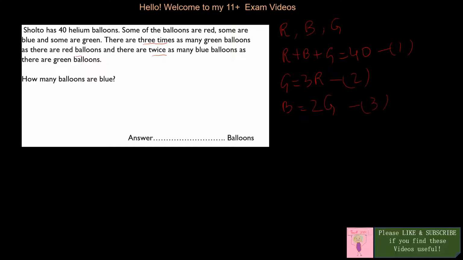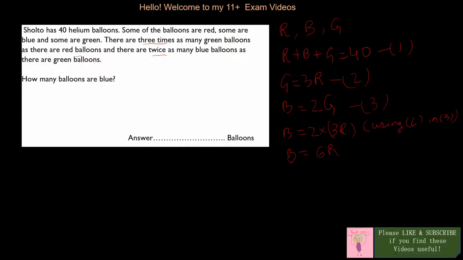So if G equals 3R and blue equals 2G, then blue equals 2 times 3R, because I am using 2 in 3. Hope it's clear. So then blue equals 3 times 2, that is 6R. So we have expressed G and B in terms of R.